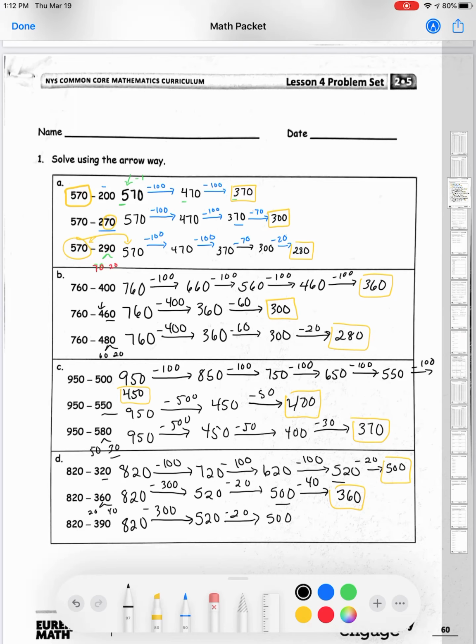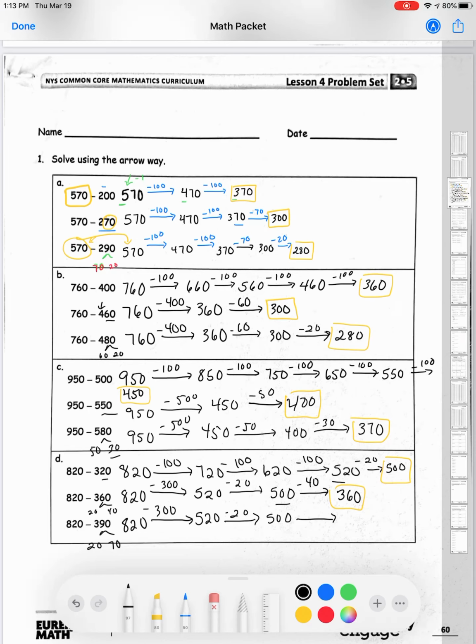So I'm going to put that and I'm going to say 20 and 20. And if I count forward, I say 20, 30, 40, 50, 60, 70, 80, 90. So that's 7 tens. So right there, 7 tens.